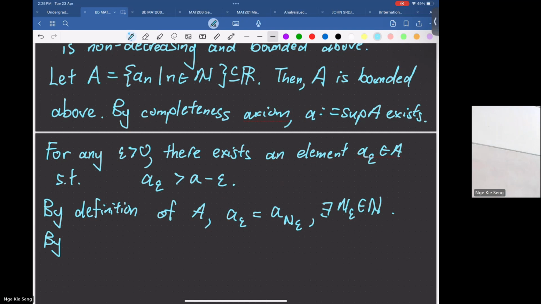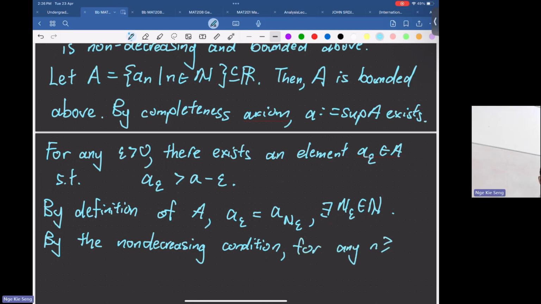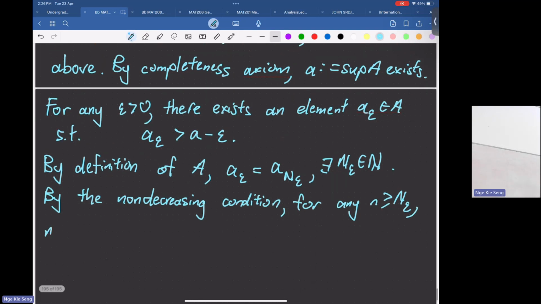So by the non-decreasing condition, what do we get? I'm hinting that this is the capital N I need for my limit. What do I need to show? For any n greater than or equal to N_epsilon, we have a_n greater than or equal to a_{N_epsilon}, because the sequence is non-decreasing, increasing or equal.